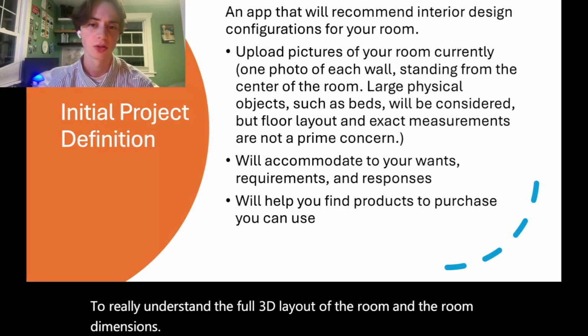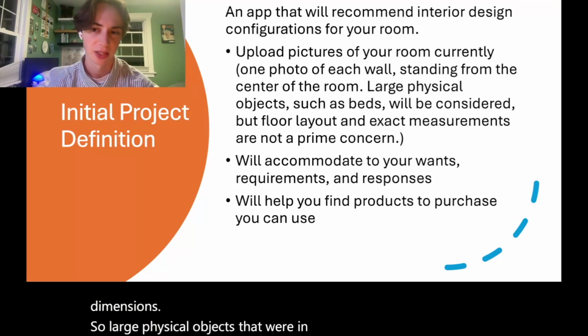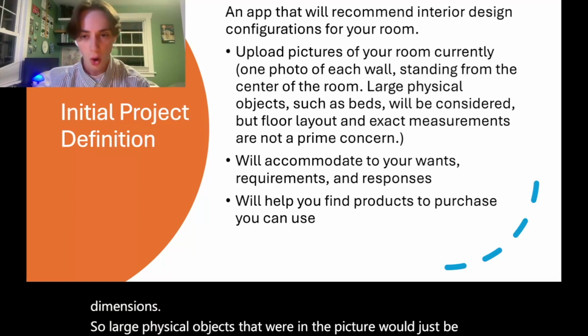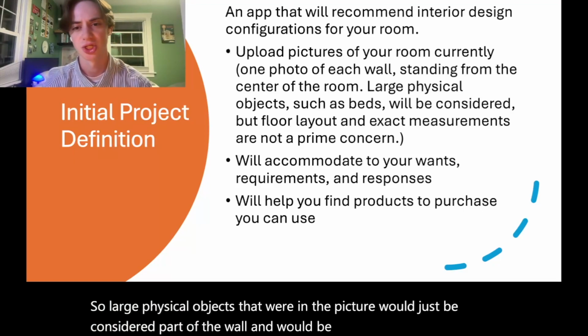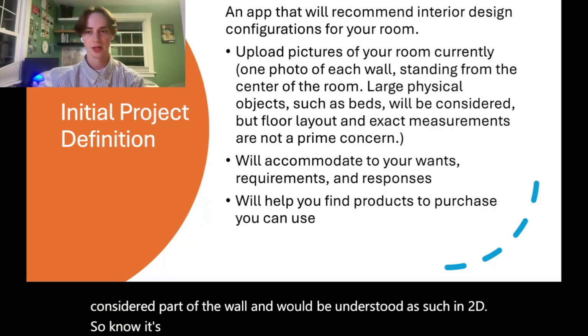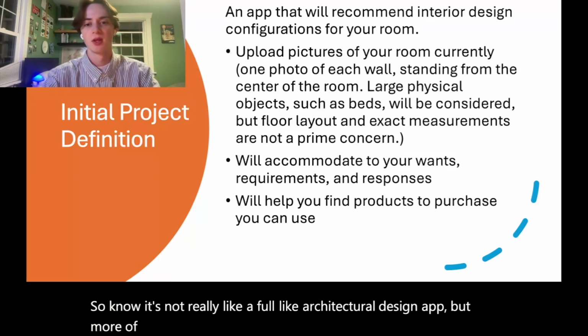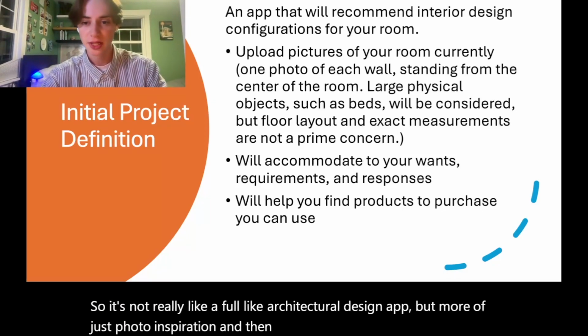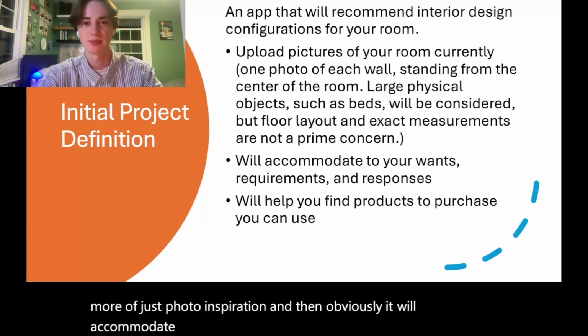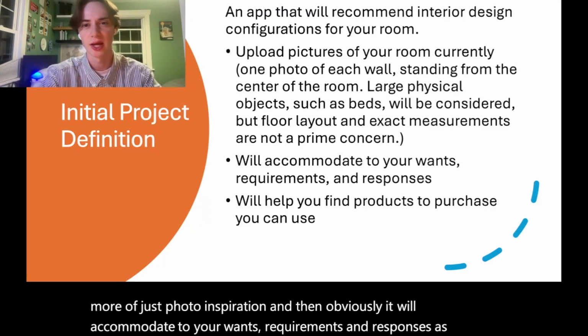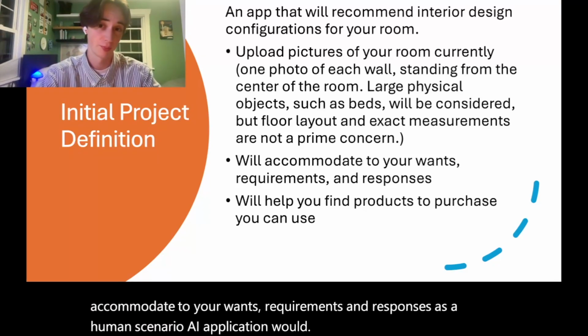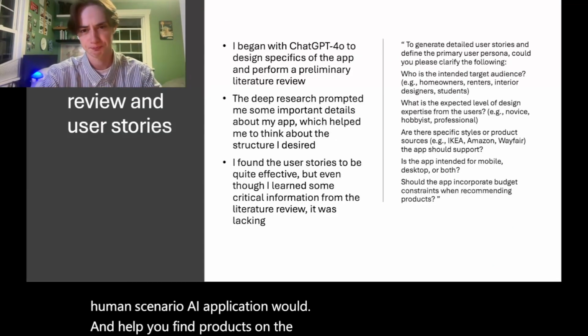So large physical objects that were in the picture would just be considered part of the wall and would be understood as such in 2D. So it's not really like a full architectural design app, but more of just photo inspiration. And then obviously it will accommodate to your wants, requirements, and responses as a human-centered AI application would, and help you find products on the internet that you can use.